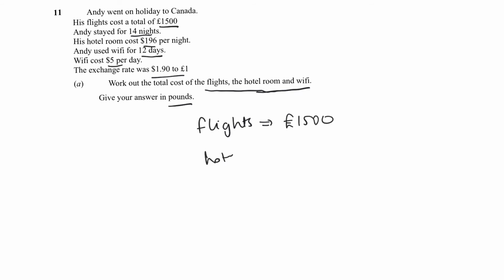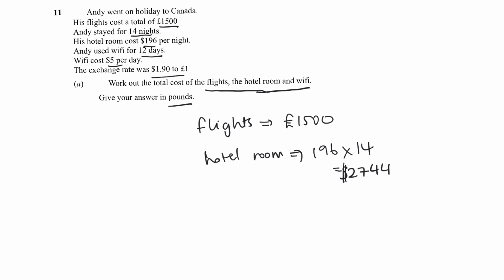Then with the hotel room, it's in dollars. So let's work out the total in dollars first. So it's 196 a night, and he stayed for 14 nights. So times that by 14, that would leave you with an answer of $2,744.